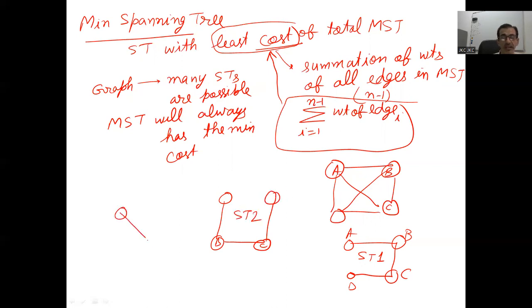Similarly, I can have A like this, like this. This is spanning tree 3 and many more like that. All these can exist. So MST will have the minimum cost. So MST will mean minimum weights, minimum cost, total cost.